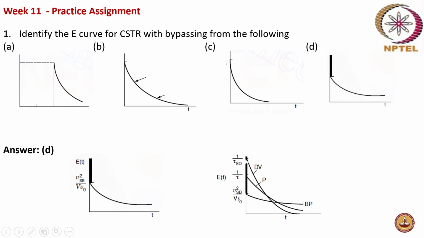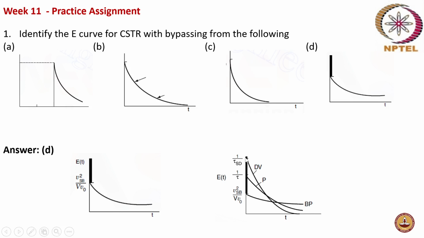Whereas when there is bypassing, the E curve rapidly falls down when time is close to 0, to a point of V_SB by V into V naught, where V_SB is the volumetric flow rate of the bypassing fluid. And then there is an exponential decay.